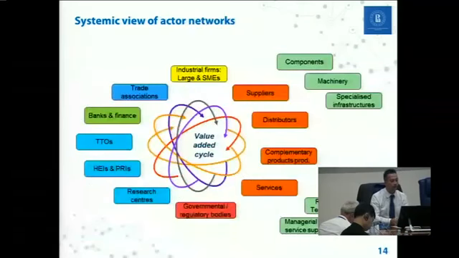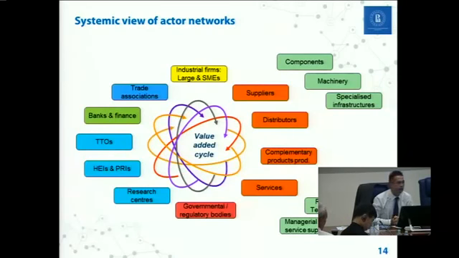We need to look at the systemic view of actors also. Actors are not anymore those we can find in the traditional triple helix. So it's not only government, universities, and industry. There are many more actors to consider and to deal with. There are large, small, and medium-sized firms, suppliers, distributors, and complementary products producers, and related to them, the rest of the value chain, like components, machinery, and specialized industries.